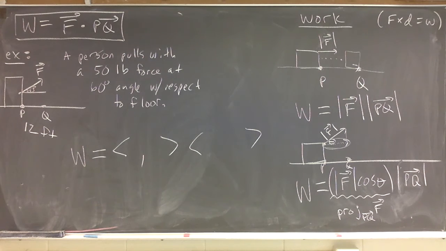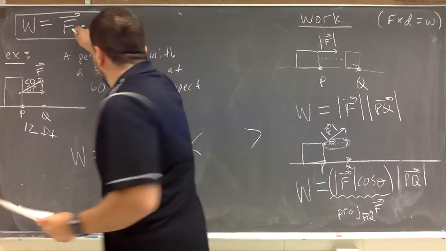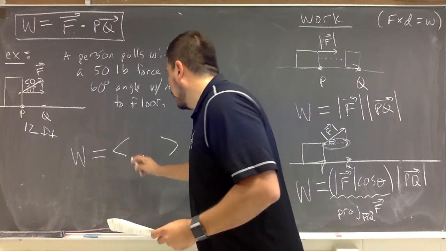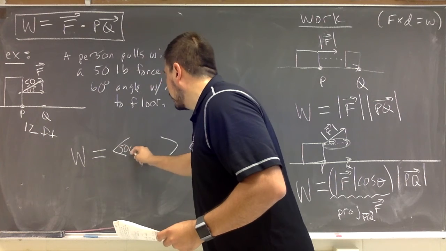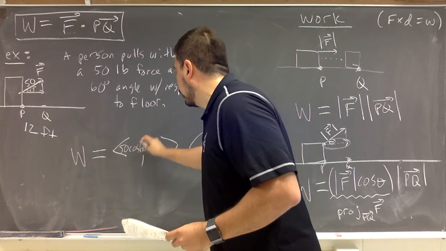So the force, I didn't label it. So this is 50 pounds long, right? We're going to have the vertical and horizontal components of that force. So I'm just following this formula there. This part will be 50 times the cosine of 60.